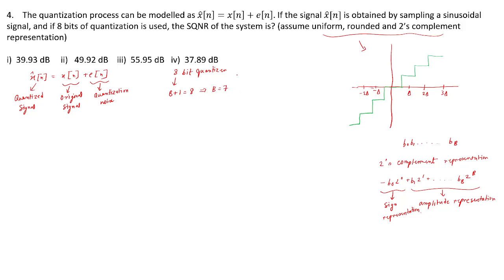We have seen here 7 bits used for amplitude representation, 1 bit used for sign representation.